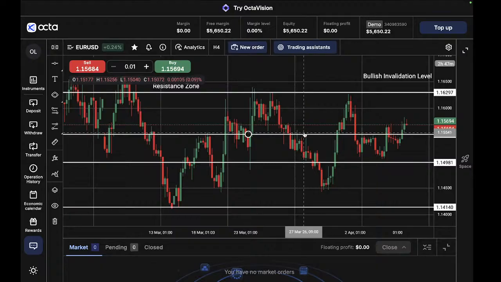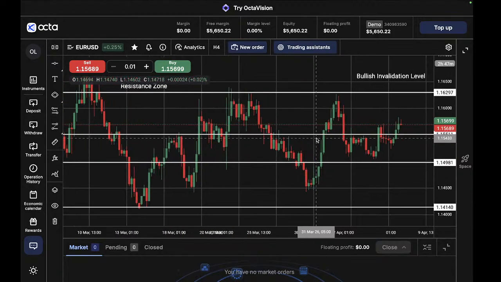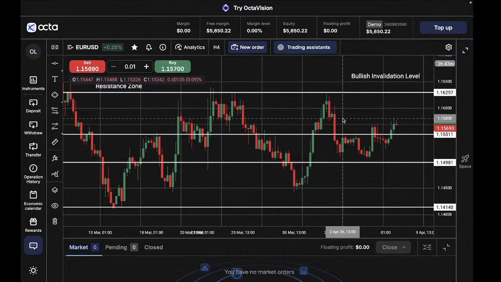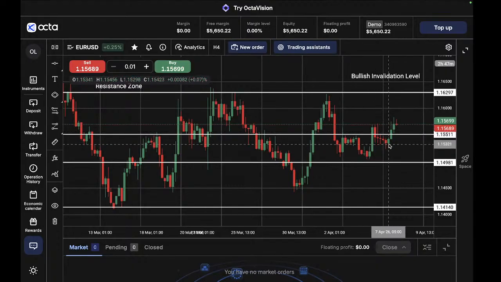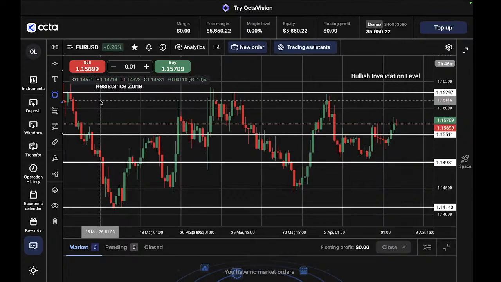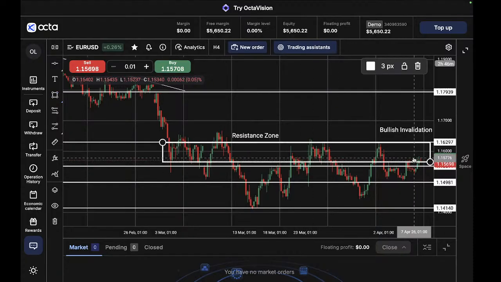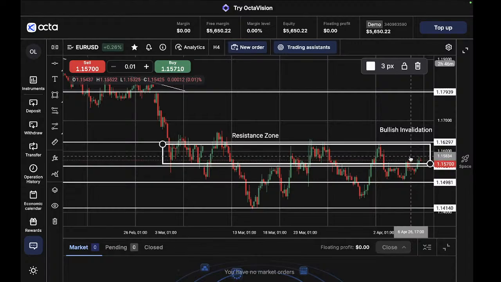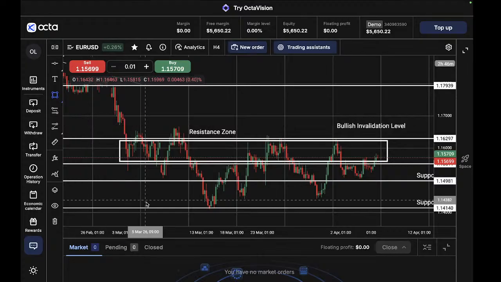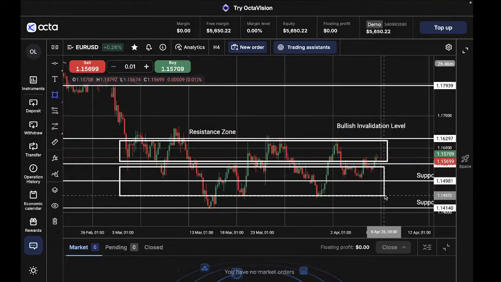From this level here now, we can see how price has been ranging at this level. Price has been ranging seriously at this level. You can see how price has been ranging even at this level.